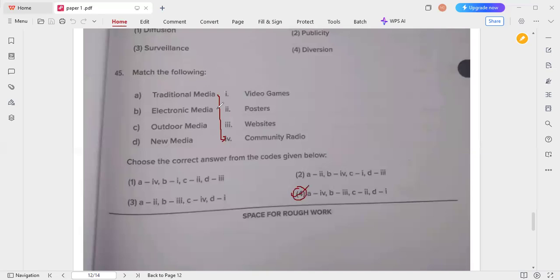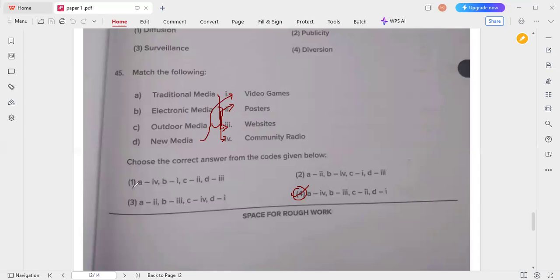Electronic media is websites. Then outdoor media is the posters. Then new media is video games. Okay, option 4 is the correct answer.